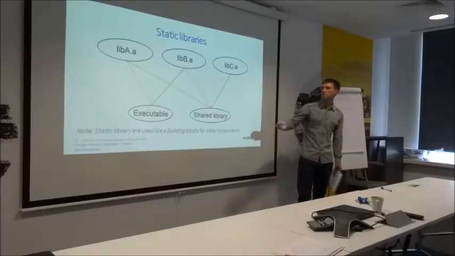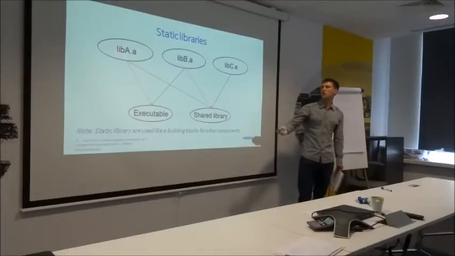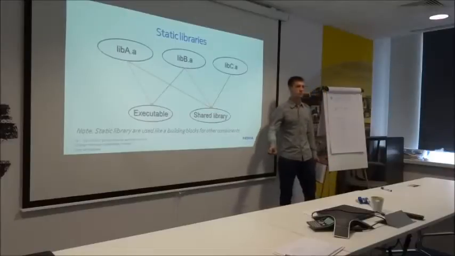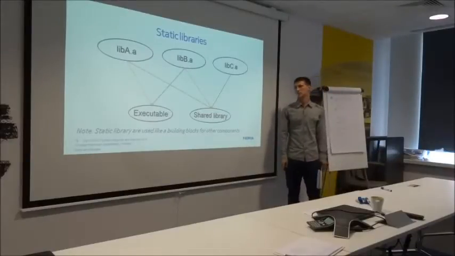In this example, lib A, lib B, and lib C are statically linked into a shared library, and lib A and lib B are statically linked into an executable. It simply means that all code, all object files from lib A and lib B, will be included into the executable. This is a really simple process, but not so simple, as we will see a little bit later.